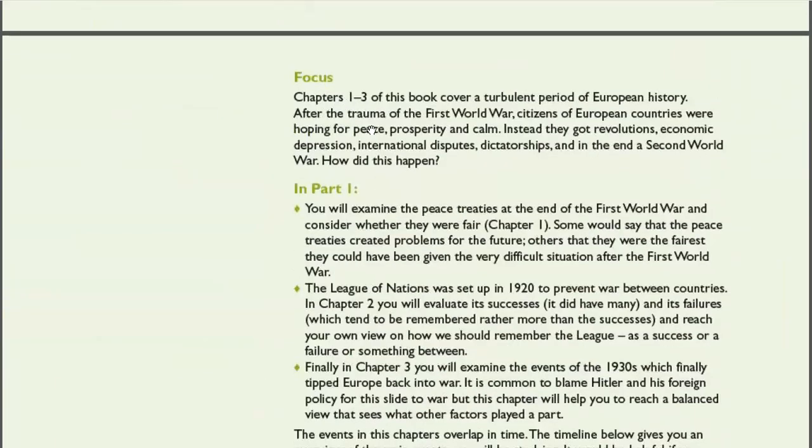Chapters 1 to 3 of this book cover a turbulent period of European history. So we should focus that these three chapters speak about what happened in European history after the trauma of the First World War.